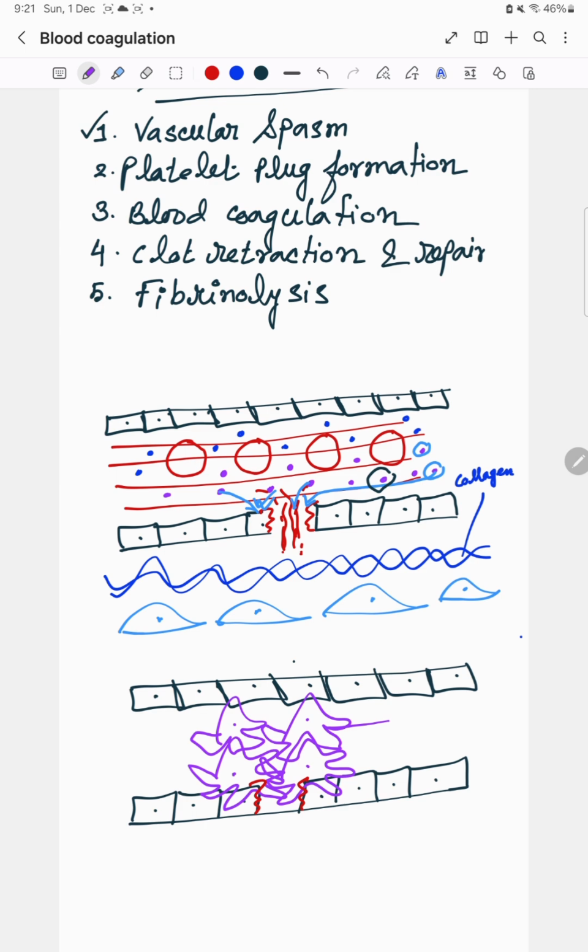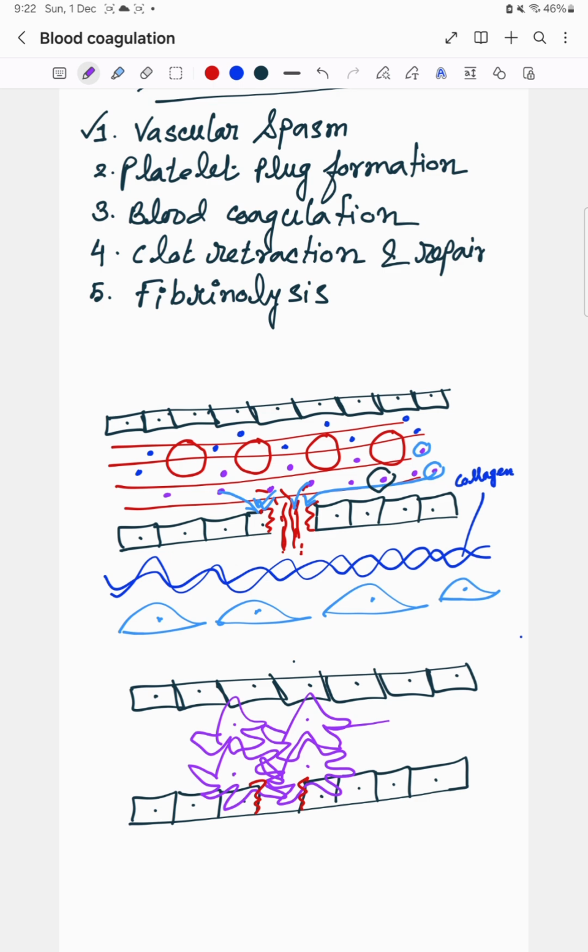Okay, because we don't have cotton in our body, this platelet plug naturally forms whenever we get any kind of injury or cut. We put cotton in that cut area, right?